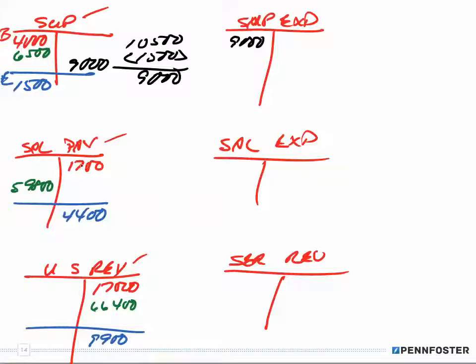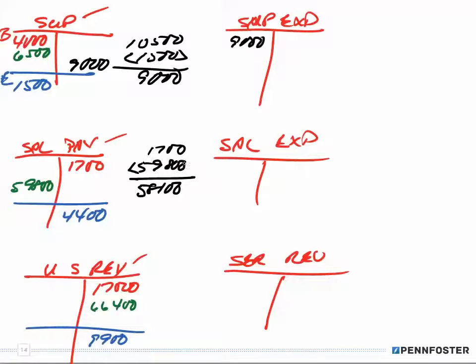For salary payable, I have a credit of 1,700, and if I subtract 59,800, let me do the math here: 1,700 minus 59,800 means I have 58,100 on the debit side, but I need to get to 4,400 on the credit side.